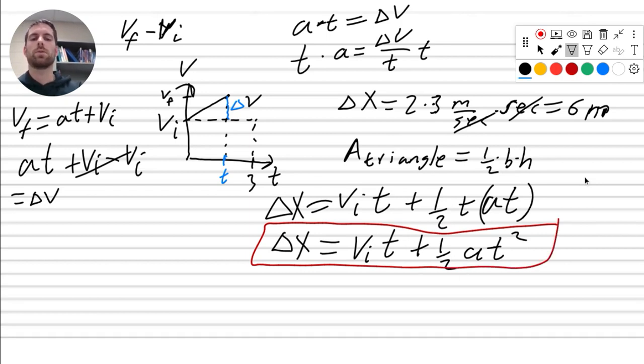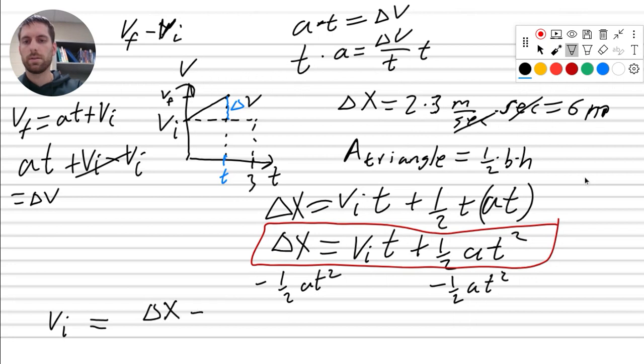Now if I want v initial by itself, all I have to do is subtract 1/2 a t squared from both sides. And then I have to divide out t, and I'll put v initial over here. v initial equals delta x minus 1/2 a t squared over time.